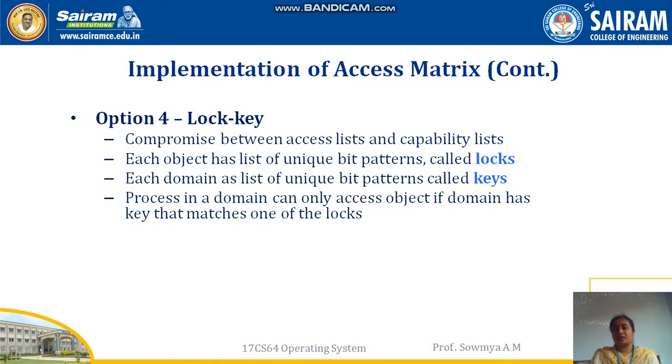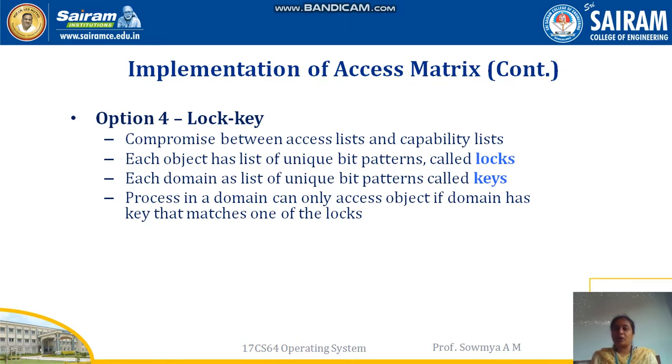The fourth method is providing lock and key, a comparison between access list and capability list. Each object has a list of unique bit patterns called locks, and each domain has keys. Every object will have a lock and every domain will have a key.